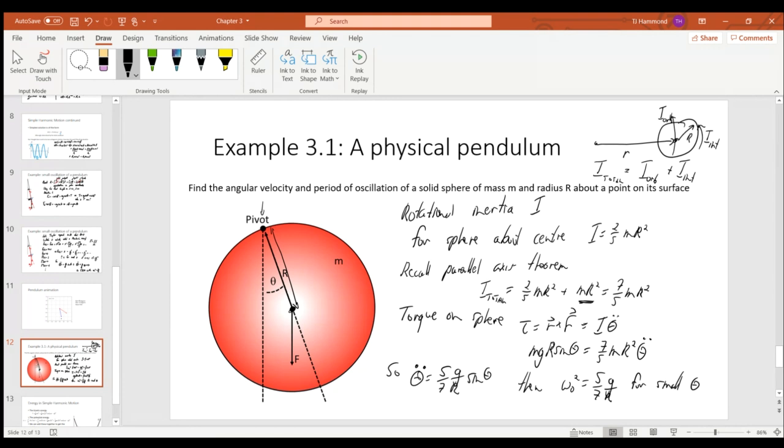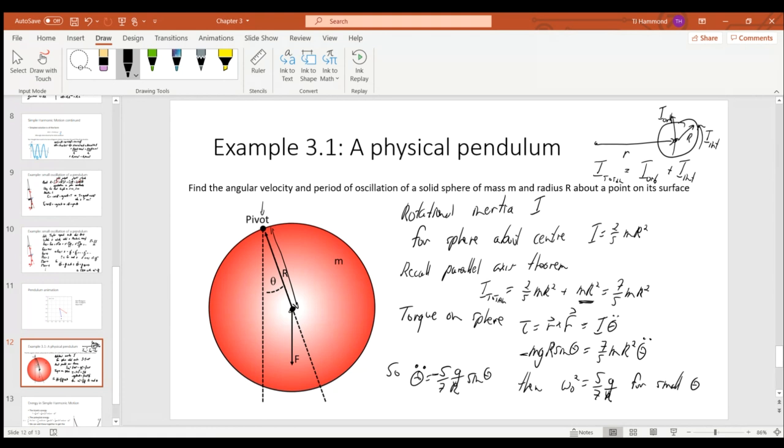So what we get is mgr sine theta, the same thing we had before for our mass on a string, as the restoring force, with a minus sign, equal to 7/5 mr squared theta double dot, also with a minus sign. Or theta double dot is minus 5/7 g over r sine theta. For small oscillations, sine theta becomes theta again, and so our omega naught squared is 5/7 g over r.